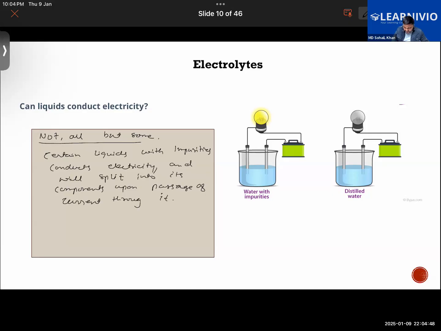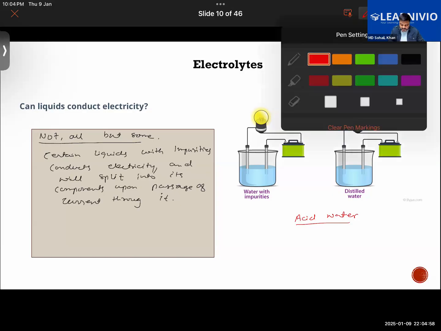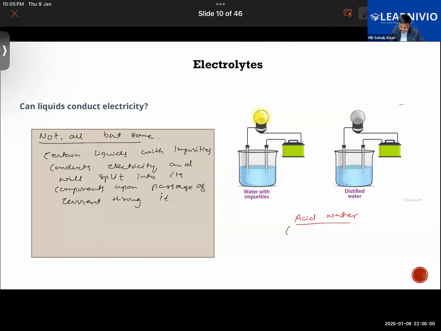Take a very simple example, like acid water. Suppose acid water, will you call this pure water? No, right? So suppose we have taken sulfuric acid in water. Sulfuric acid is a strong or a weak acid?